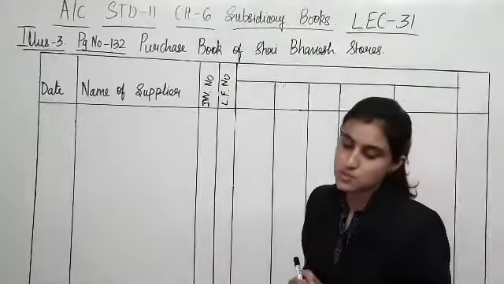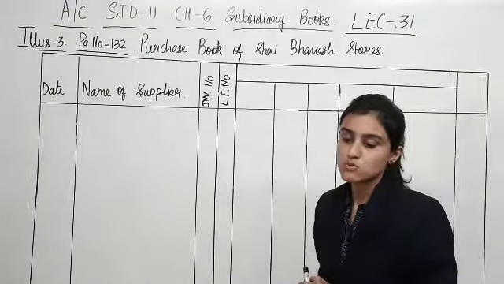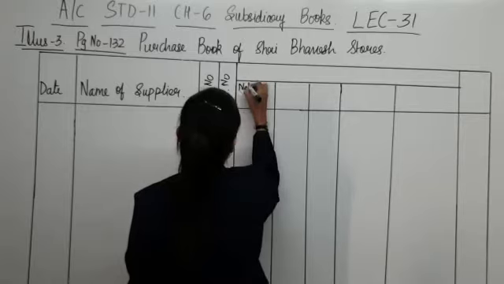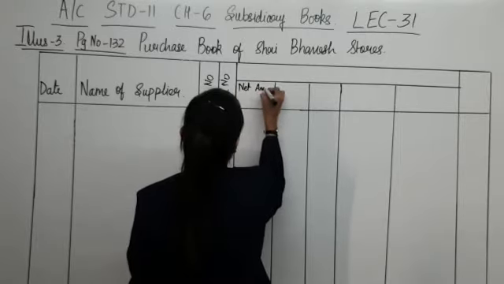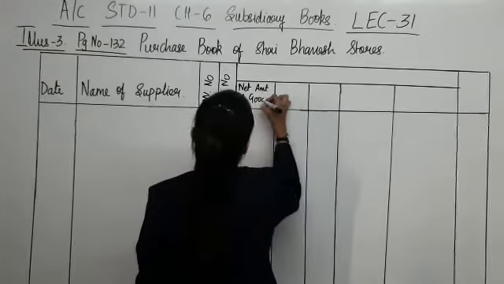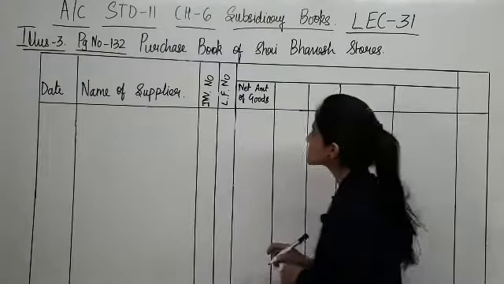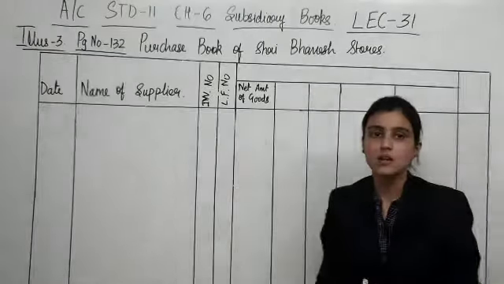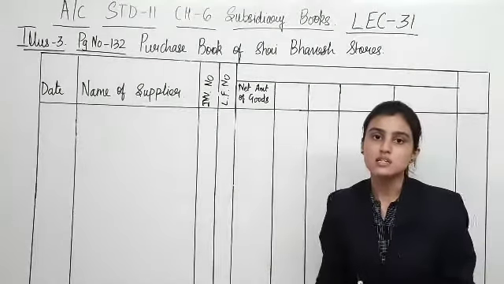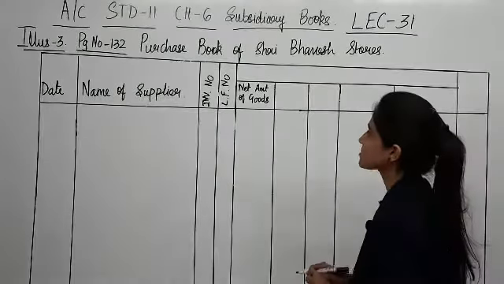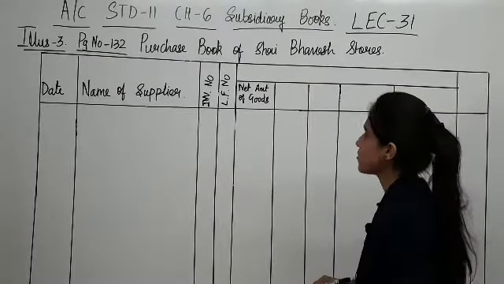The next one is net amount of goods. Net amount is the one that is obtained after deducting trade discount. The price of goods minus trade discount gives you net amount of goods.